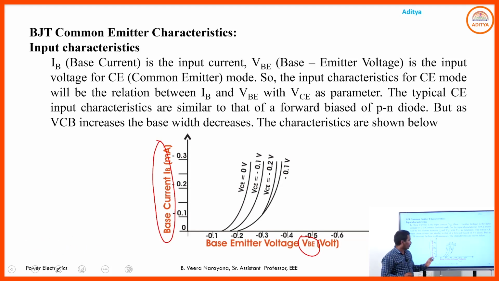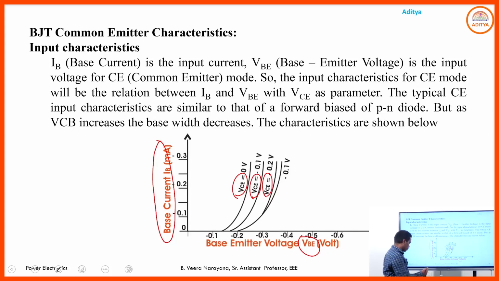NPN transistor. If you go through these input characteristics, here the collector emitter voltage is the variable or controllable parameter. So if you observe these input characteristics of the NPN transistor, this resembles diode VI characteristics.